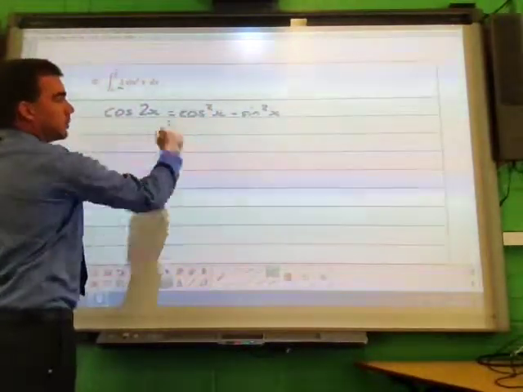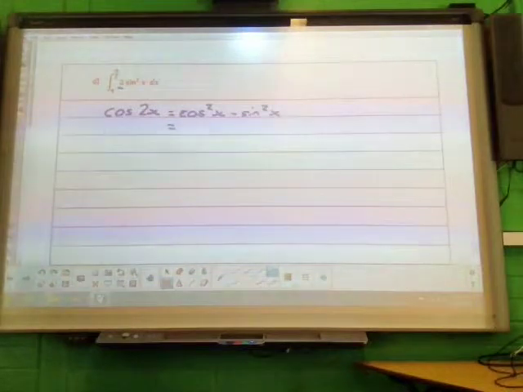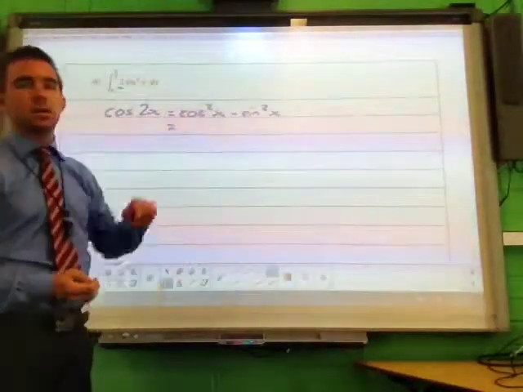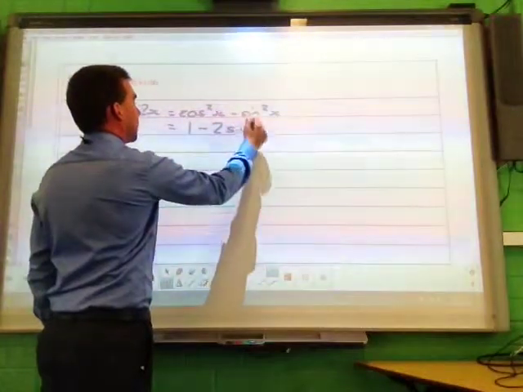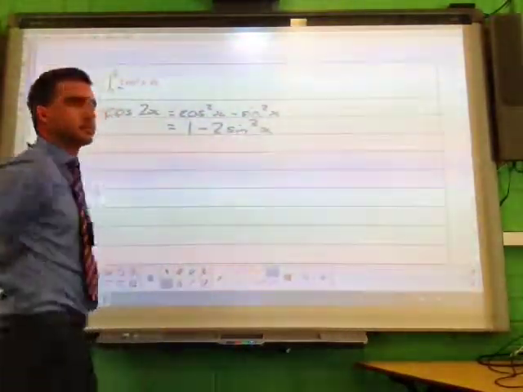Mental substitution for cos squared of x will be 1 take away sine squared of x, and then you've got another negative sine squared of x. So it'll be 1 take away 2 sine squared of x.